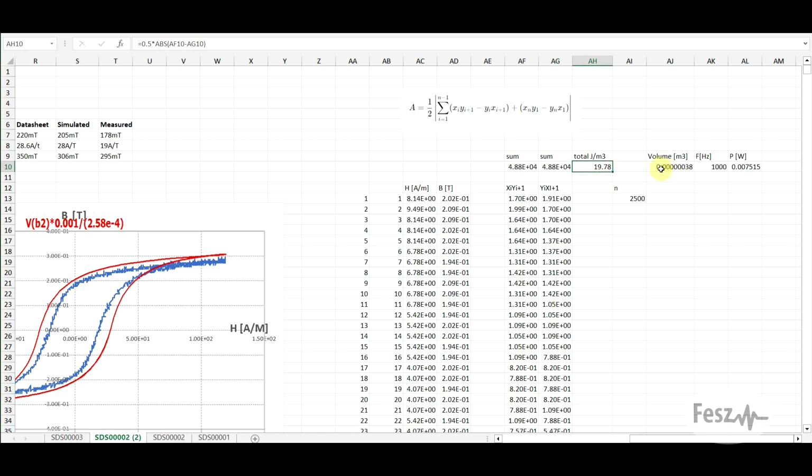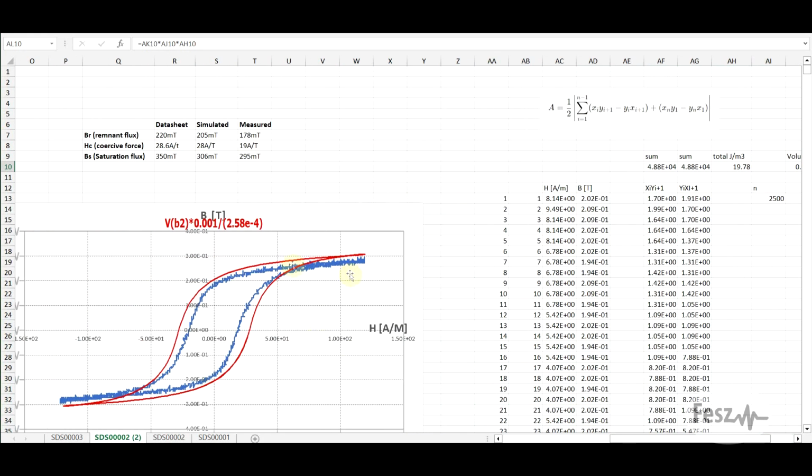Finally, this was multiplied by the core volume and the operating frequency, and this yielded a total power of around 7.5 milliwatts, which is not that far from the 11 milliwatts from the simulation. And well, it's perfectly normal that our value is smaller, since our loop area is also smaller than the one from the simulation. So I guess that the calculation worked out just fine.